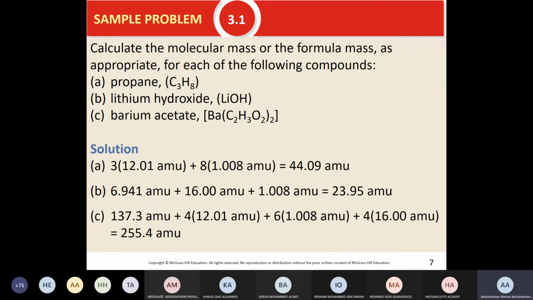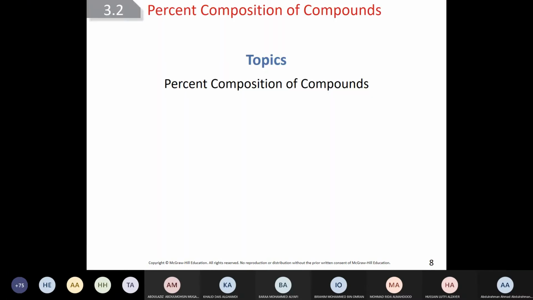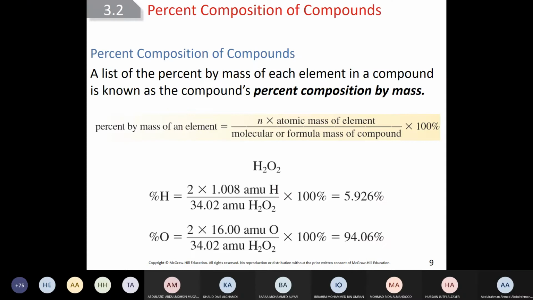Good. Let's move. Now, let's talk about the compound H2O2. What's the mass of 1 H2O2 molecule? What's the name of this molecule? Do you know it? It's called hydrogen peroxide.